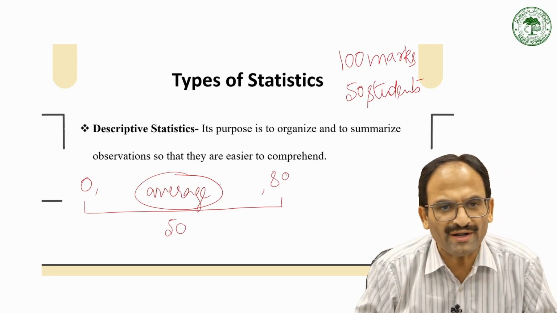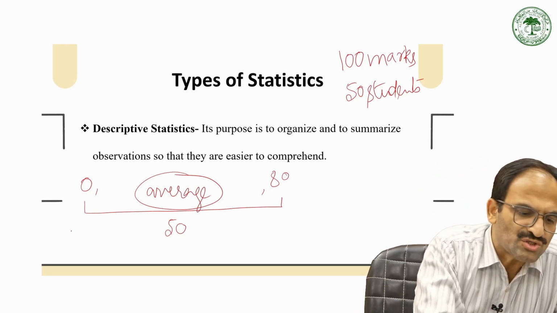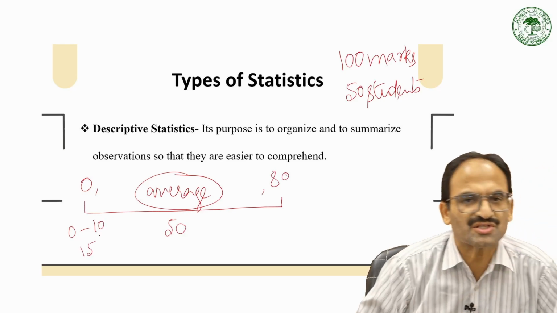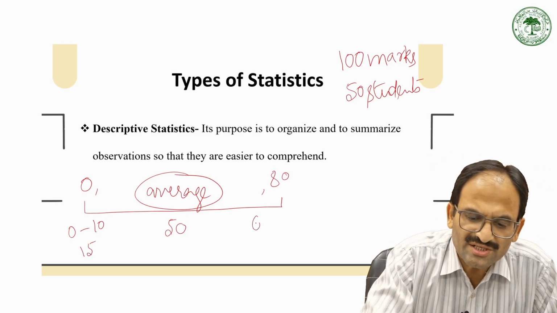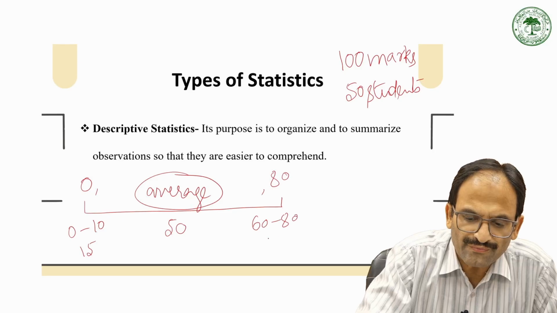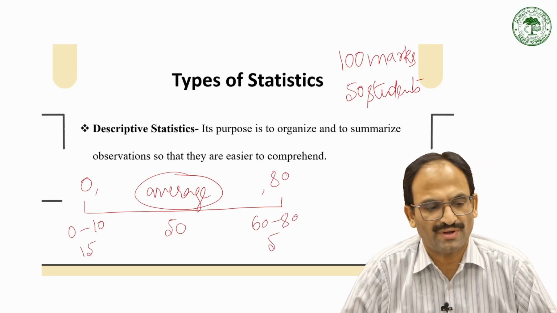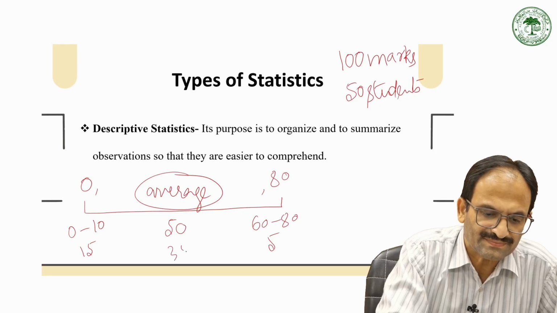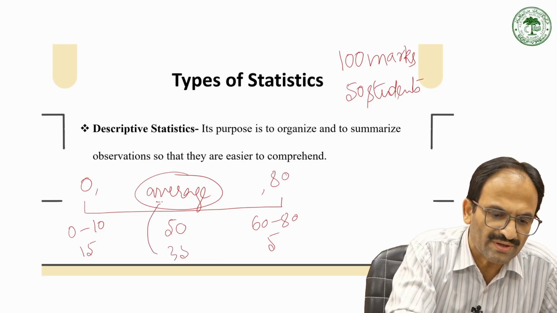So you have counted: 0 to 10, 15 students scored. 60 to 80, 5 students scored. And the remaining 35 students scored average.